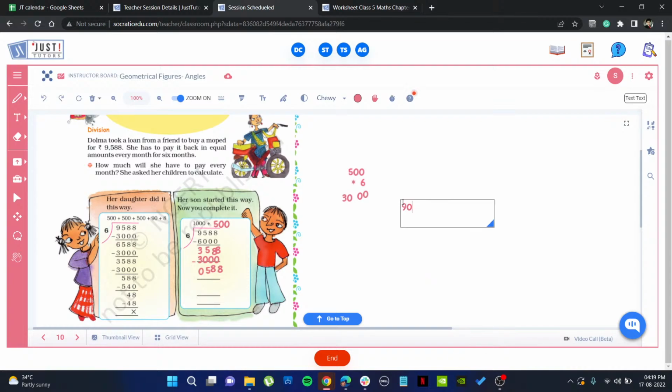Let's try 90. 90 times 6 is going to be how much? 6 times 0 is 0. 6 times 9 is 54. So we get 540. So at the top we add 90, and we'll be writing 540 here. Subtraction here. And we get how much?